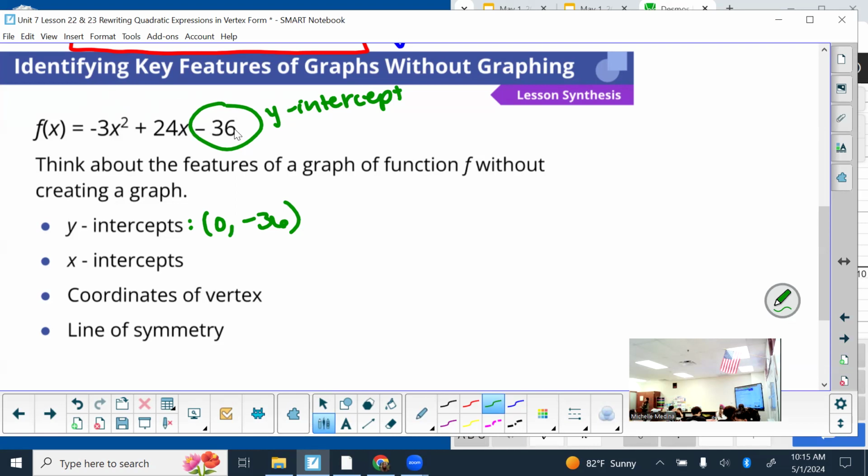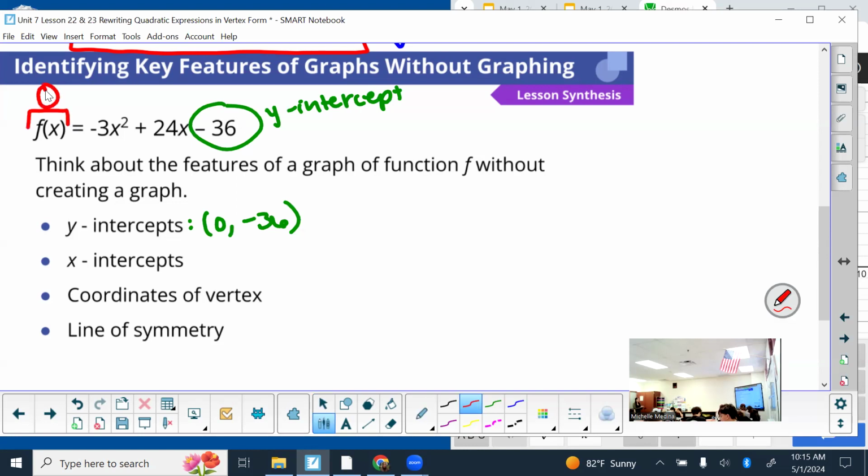Now, x-intercepts, by definition, are when what happens? Close. That's y-intercept when the x is 0. So when it's the x-intercept, the y is 0. All right, and f of x is kind of like y, our output.